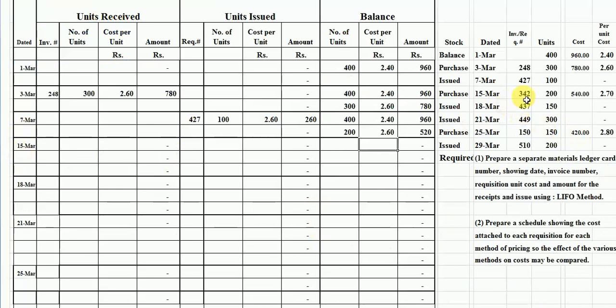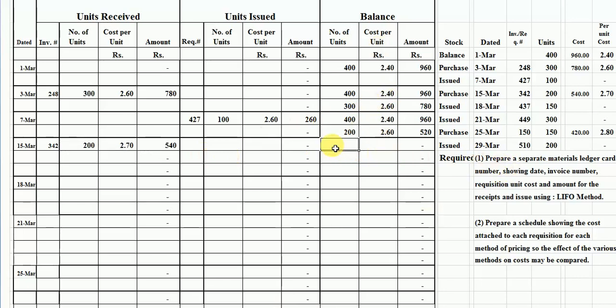On 15th March we again purchase 200 units at the rate of rupees 2.70 here. The requisition number is 342. 200 units are purchased at the rate of 2.70. Now we again record our inventory in the balance column.